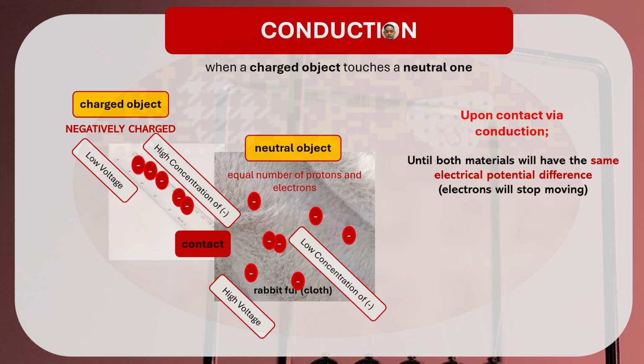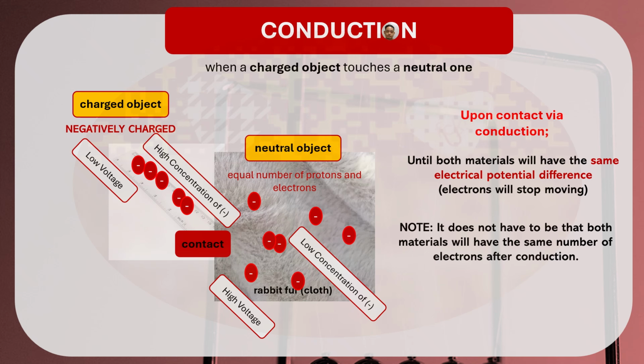Because electrons move from higher concentration to lower concentration, once the voltages become the same, the electrons will stop moving or transferring. If there are equal voltages between these two materials in conduction, the electrons will stop moving.